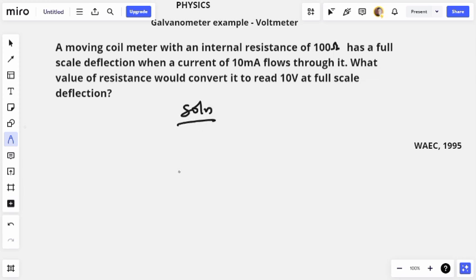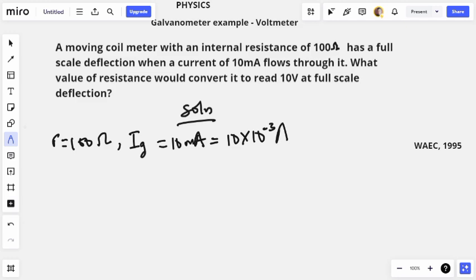As usual, we are going to write our parameters. The first one is internal resistance of the galvanometer, R equals 100 ohms. The next one is the scale deflection current, that is our galvanometer current, I subscript G equals 10 milliamps, then convert it to amps. That will be 10 times 10 raised to the power of minus 3 amps.